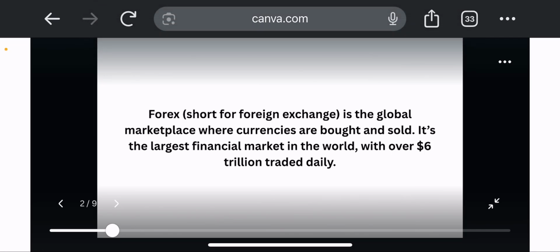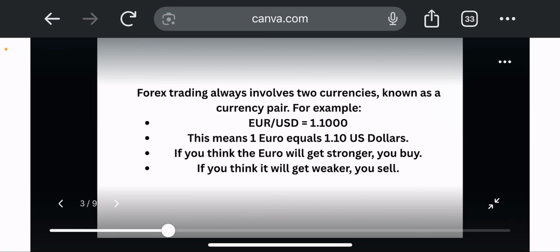Then in foreign exchange, you are using it to make money. It is the largest financial market in the world, with over $6 trillion traded daily. Forex trading, like I said, involves two parties, the buyers and the sellers.